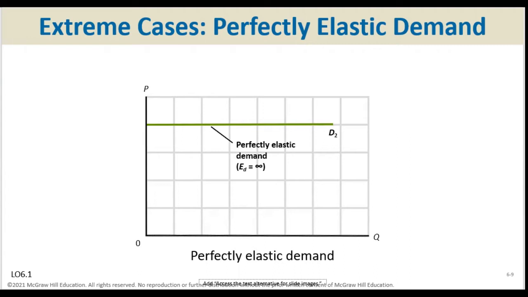An example of perfectly elastic demand is the demand curve for a firm in a purely competitive market, such as the mining industry, for instance, and that firm is unable to change the price.